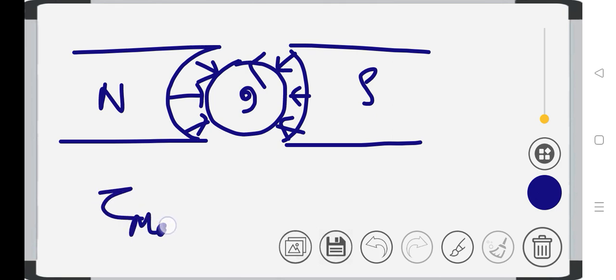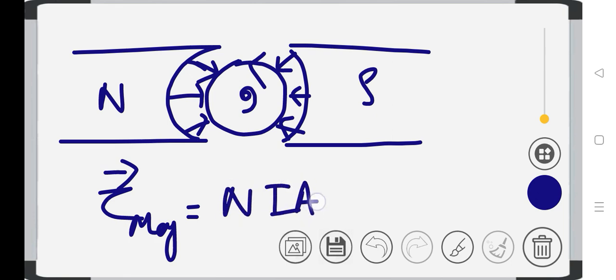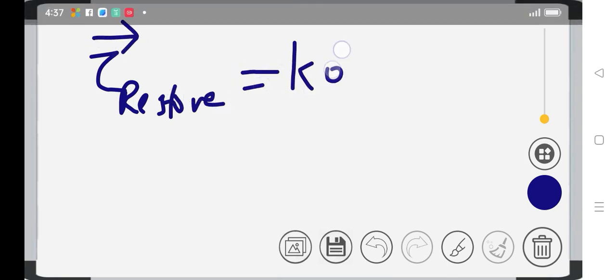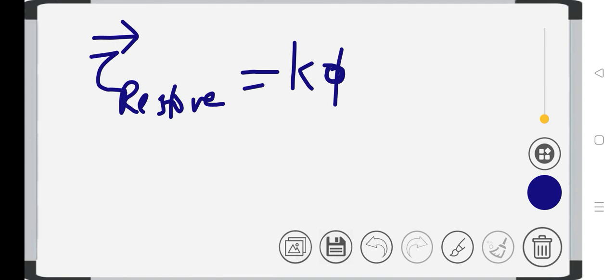That magnetic torque, due to the radial magnetic field lines, is equal to NIAB. And there is a restoring torque due to the spring, equal to K phi, where K is the torsional constant and phi is the twist. Another name for K is distortion per unit twist.